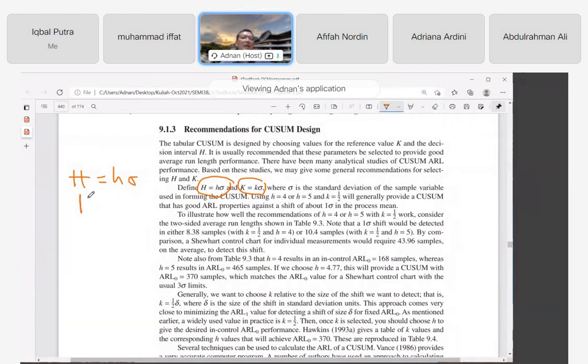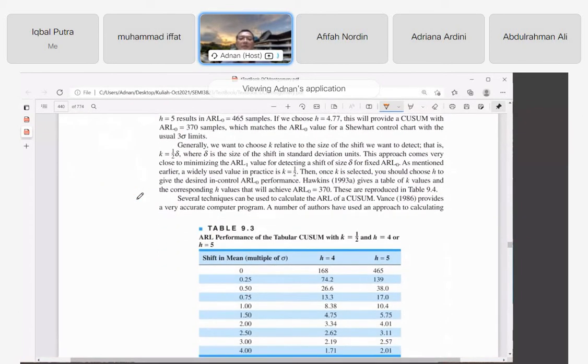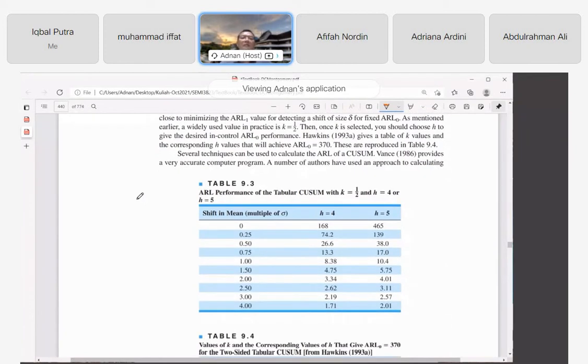Same also for k, we can have a small k multiplied by sigma. These values can be obtained from the table of recommended values based on ARL for tabular QSUM.